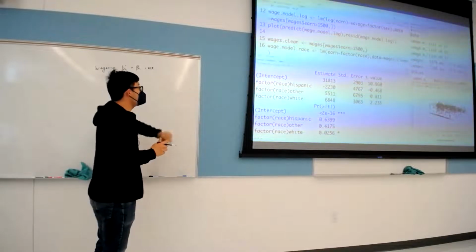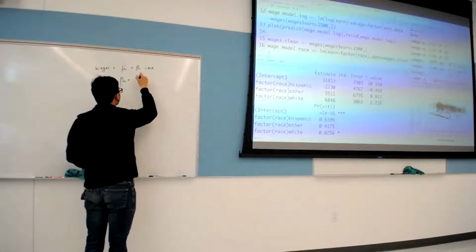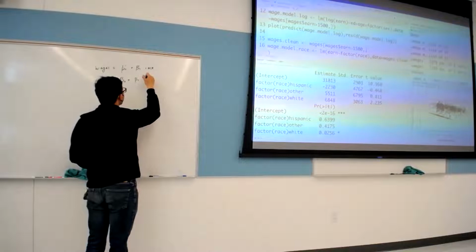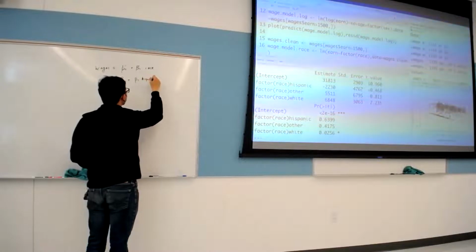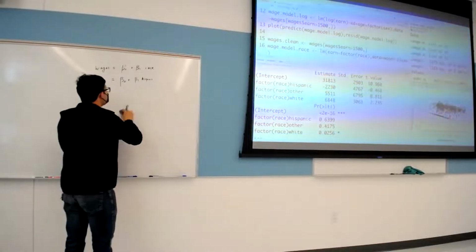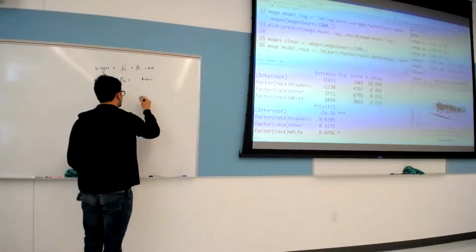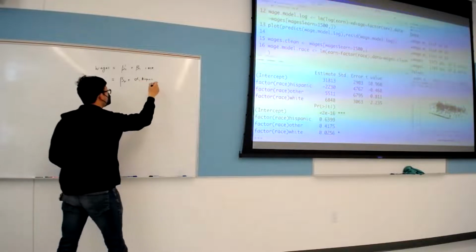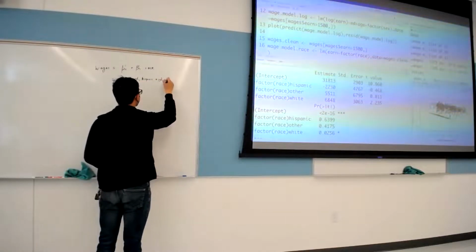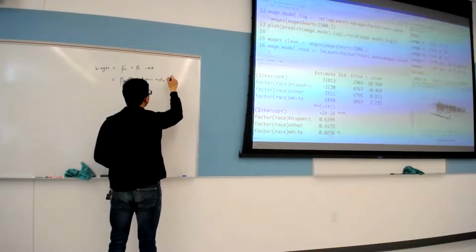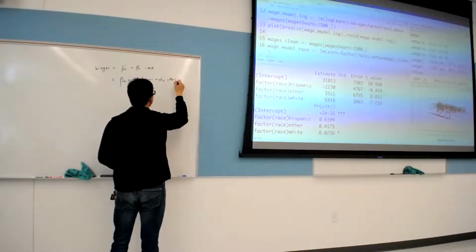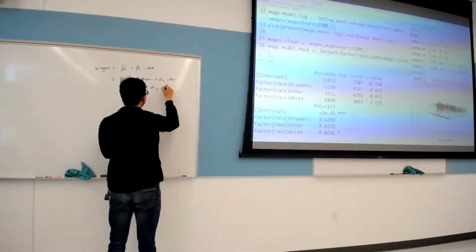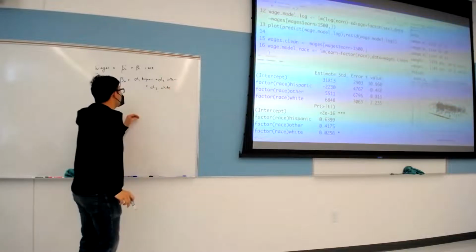If I have 4 levels, you'll have beta 1 times Hispanic, or I'm going to use a different variable here, alpha, to make it hopefully less confusing, plus alpha 2 times other, plus this times white.